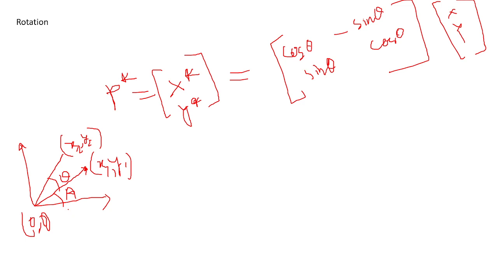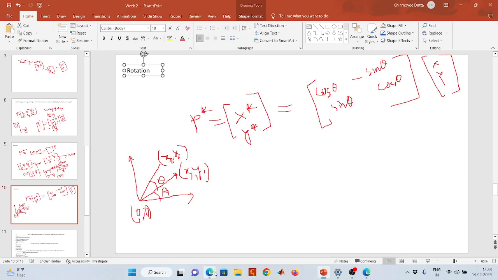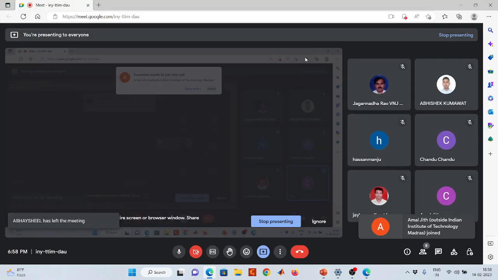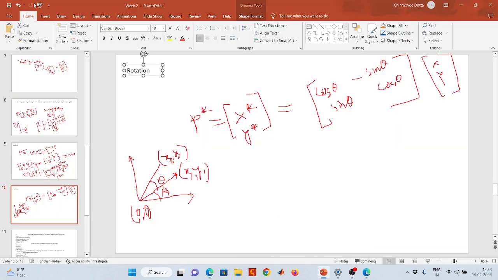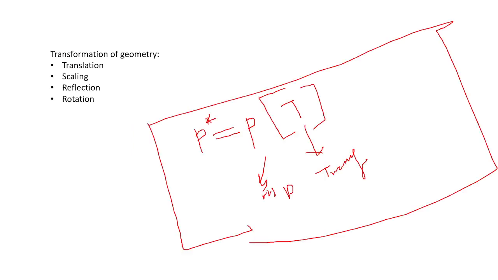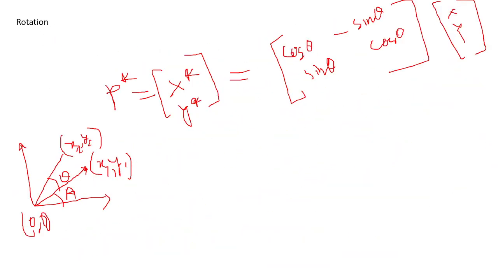Okay, A and B are given as endpoints. So come to the point. Rotate a line.